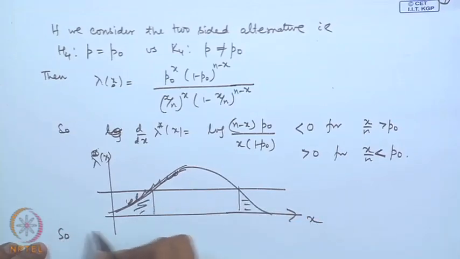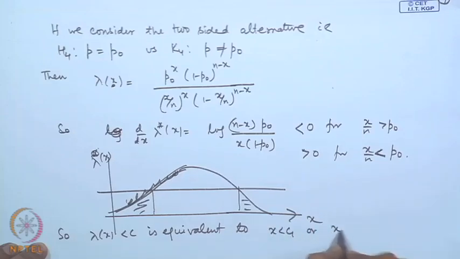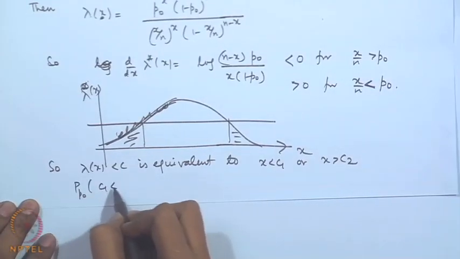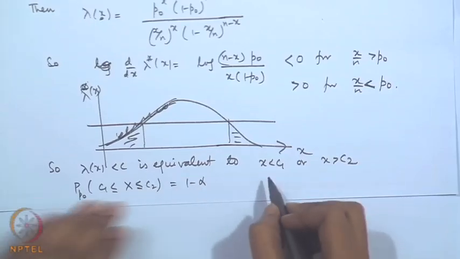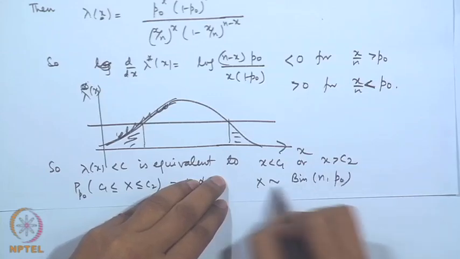So, lambda x less than c is equivalent to x less than c 1 or x is greater than c 2, and we should have probability of c 1 less than or equal to x less than or equal to c 2 is equal to 1 minus alpha, where x follows binomial n p naught.